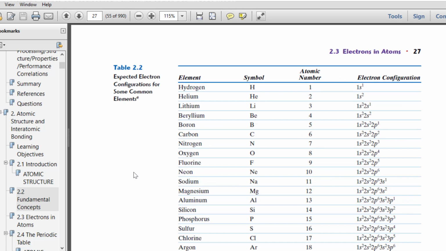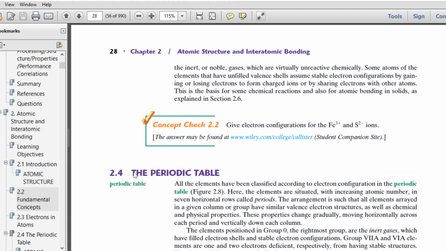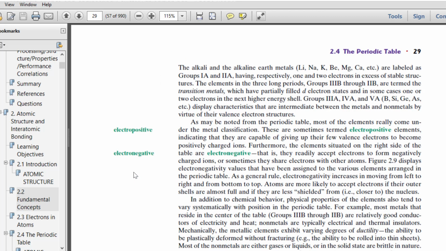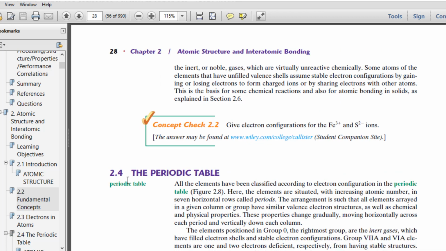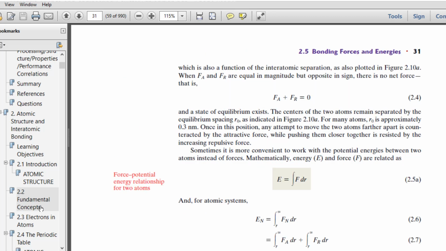Okay, so you do not deal with it in very much detail. Okay, we just know. Then the periodic table. So the periodic table is something which you can skip.